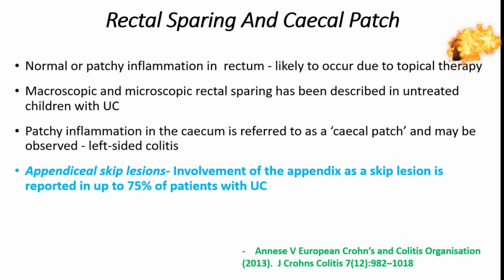Macroscopic and microscopic rectal sparing has been described in untreated children with ulcerative colitis. There are a few case reports in the literature where rectal sparing has been noticed, but otherwise it is unusual. And if the rectum is spared, we should not think about a diagnosis of ulcerative colitis in adults if he is not taking any treatment. The patchy inflammation of the cecum is referred to as cecal patch.